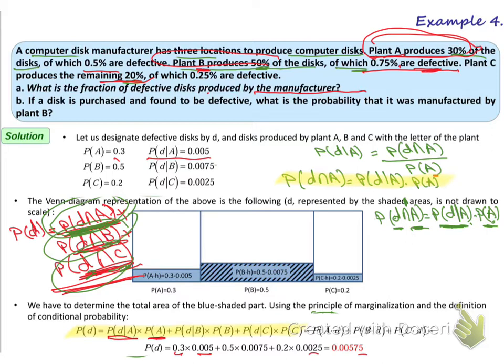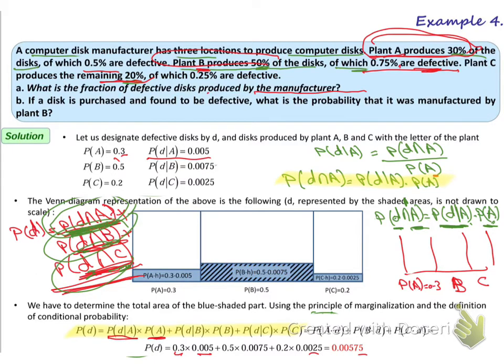In another way, we can write them here. I have three columns or three factories: factory A, factory B, and factory C. The probability of factory A, let us write it, probability of A equals 0.3, 30%.